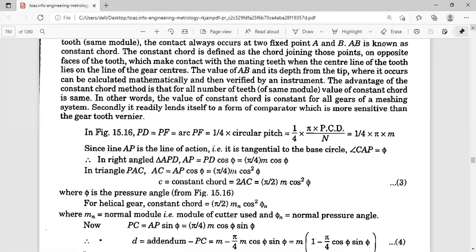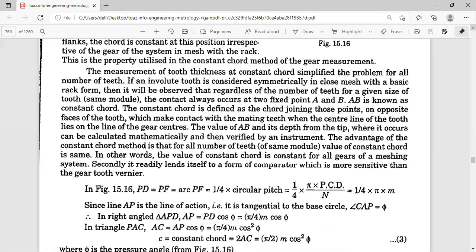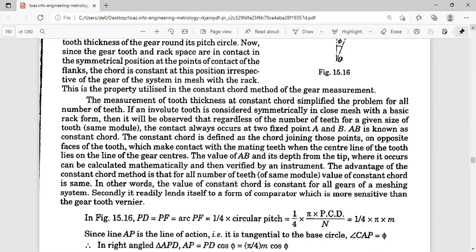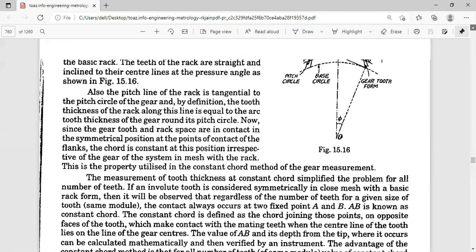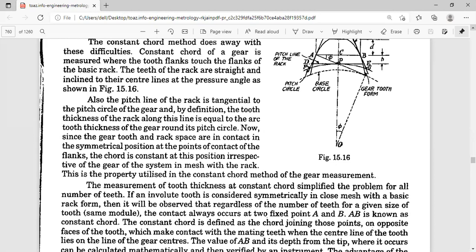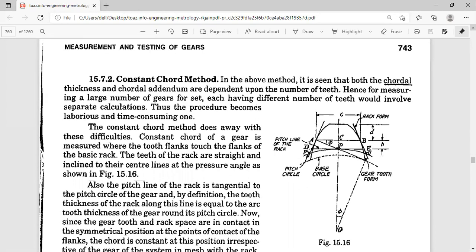Don't take everything for granted. You can refer to any book like IC Gupta or KLR, but the standard notations you have to follow carefully. That is the thing you have to consider.